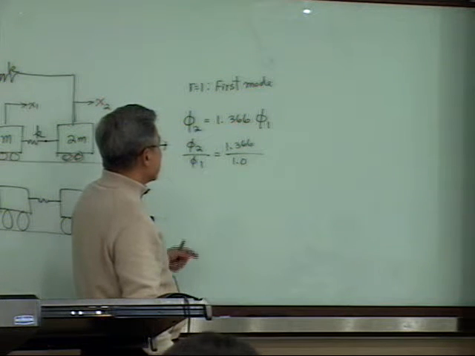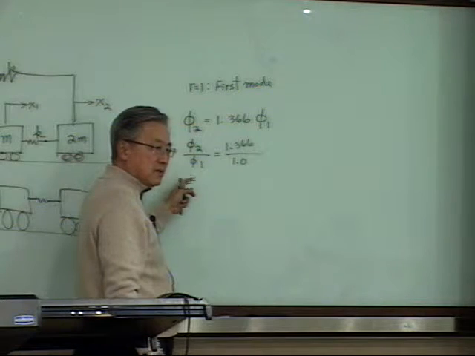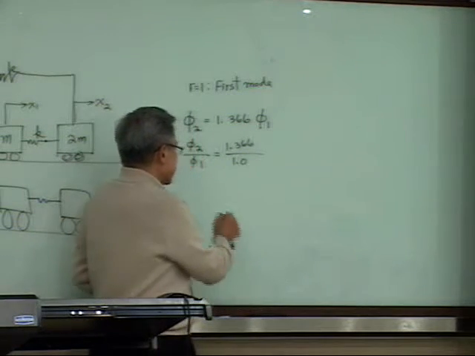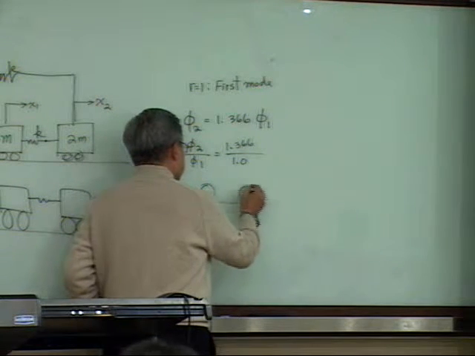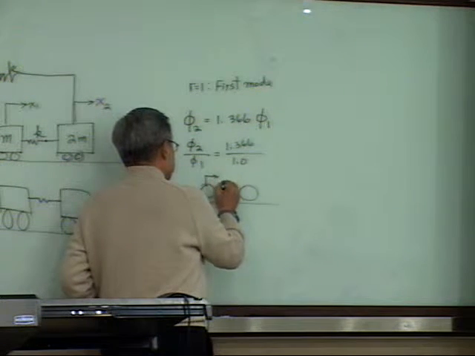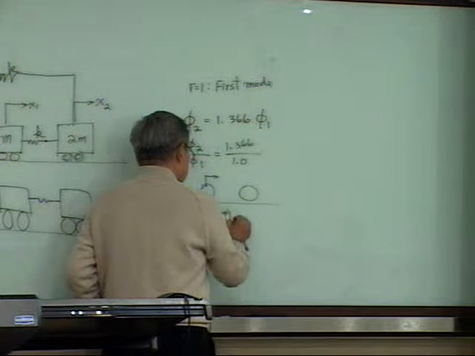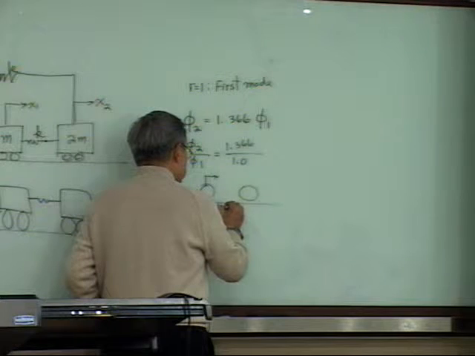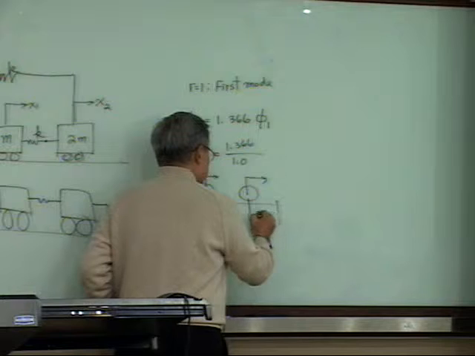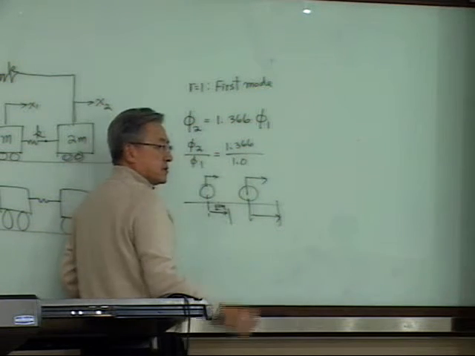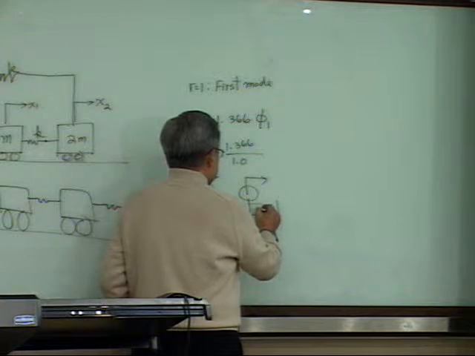What does it mean? For the mode shape, here you have two masses, and this is x1. If this one moves 1 centimeter, then how many centimeters will this one move? V2 is going to be 1.366.